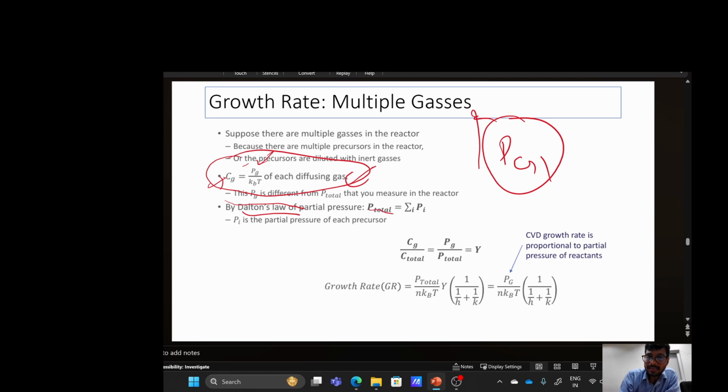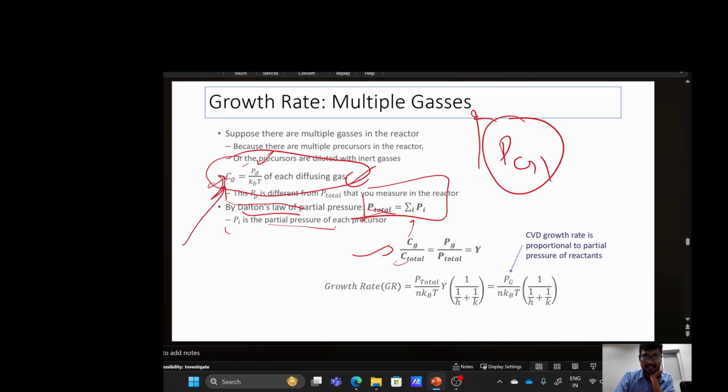From here you can calculate the total pressure. If Pi is the partial pressure of each precursor, the summation of the Pi, the partial pressures of all the gases, will give you the total pressure. From here you can calculate the concentration.